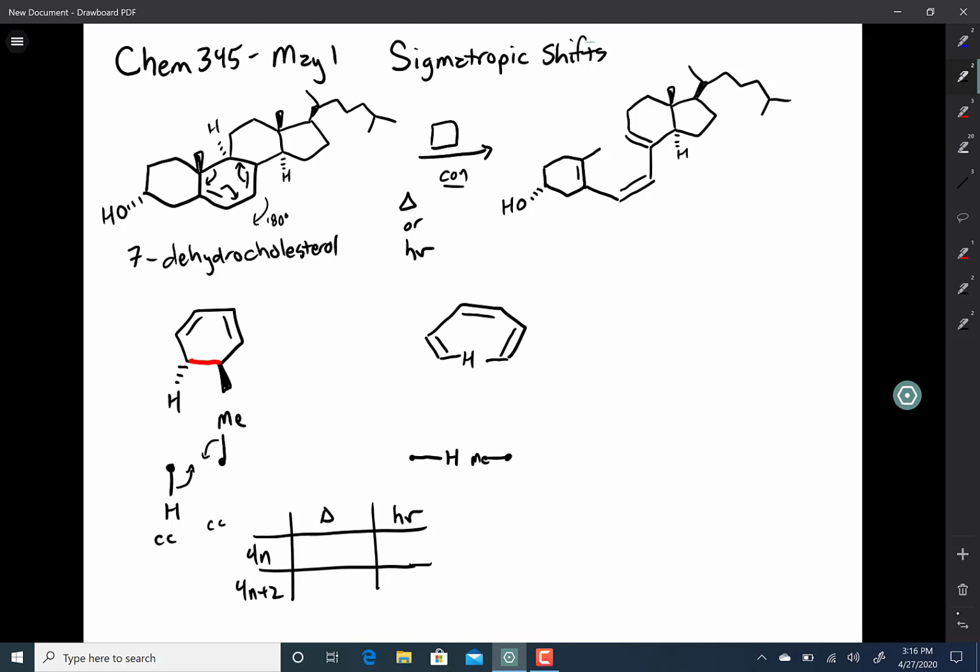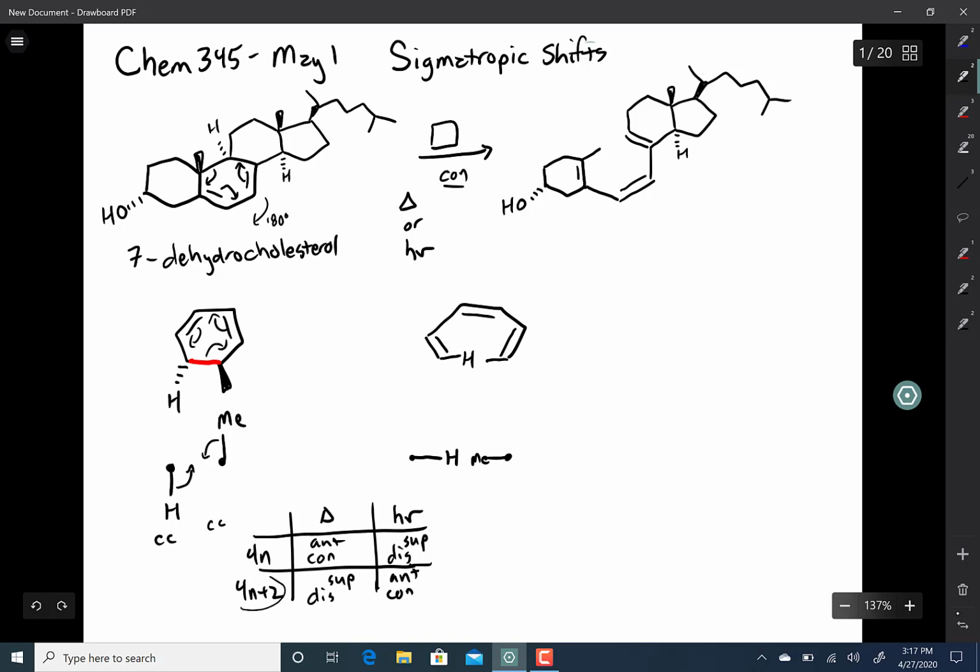And so heat, 6 electrons, that's the disrotation, and photochemical, dis, 4n electrons, con, thermal. So here are the Woodward-Hoffmann rules, and when we look, we are actually moving 6 electrons.